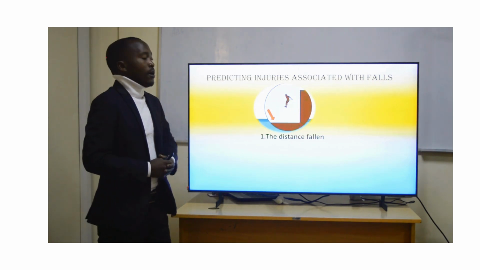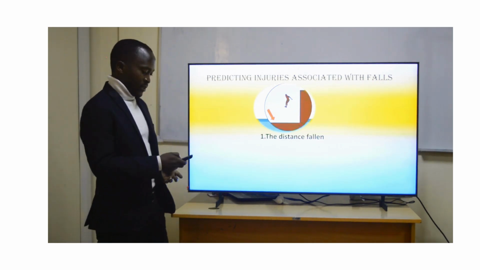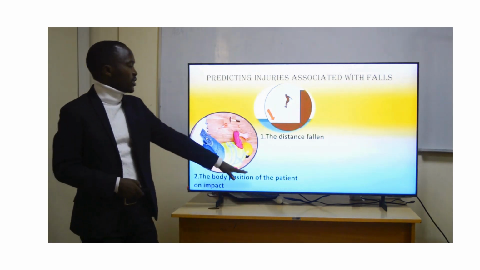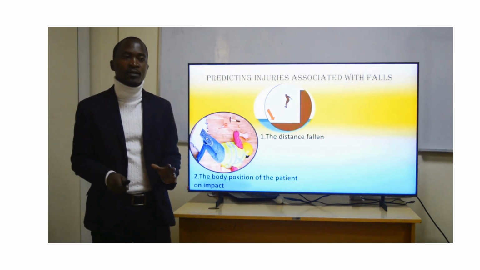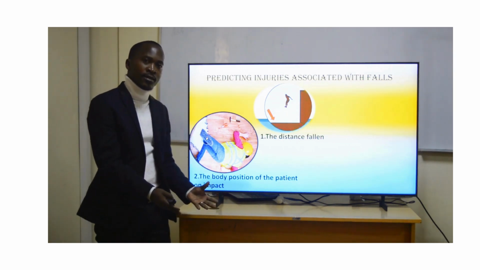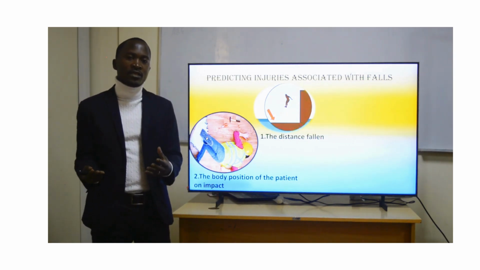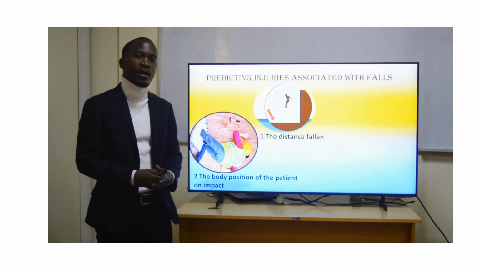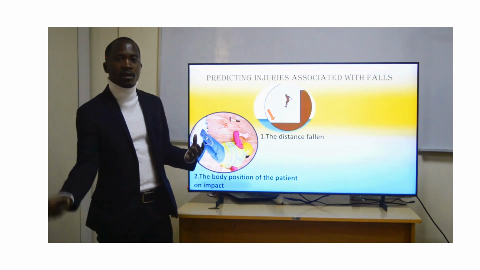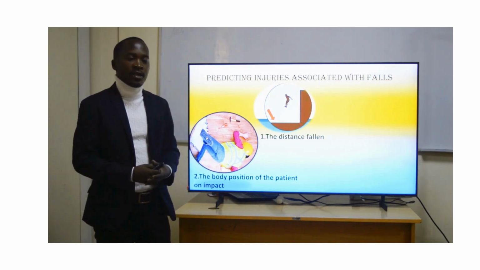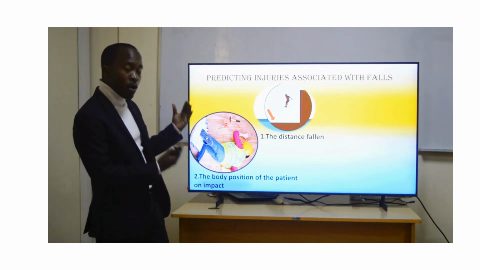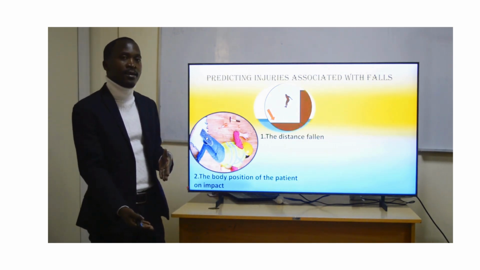Another factor that you want to consider is the body position of the patient on impact. How did this patient land? When the patient landed head first, of course, you are more concerned than when the patient landed with maybe the legs first. That's one of the things that you want to ask yourself, the position in which they landed when they hit the ground.